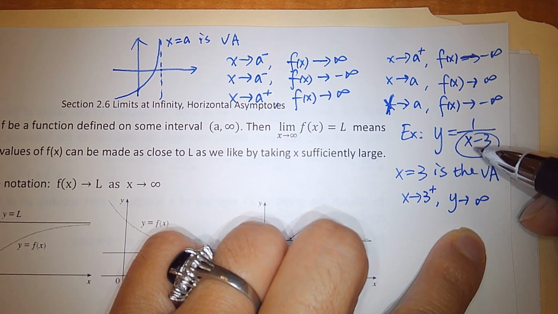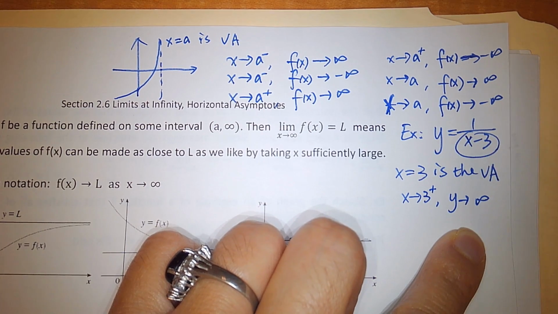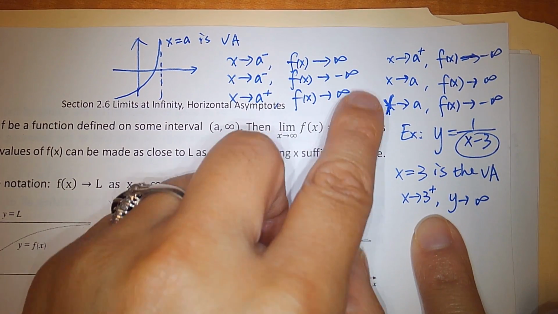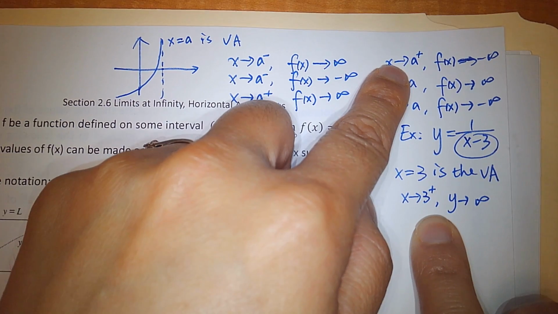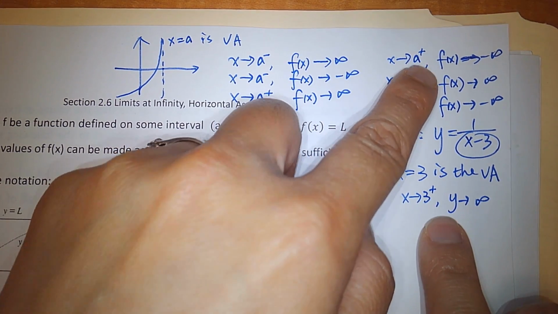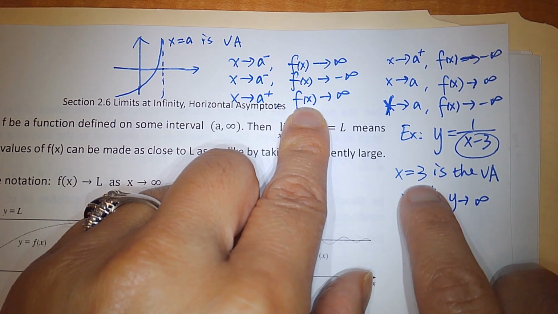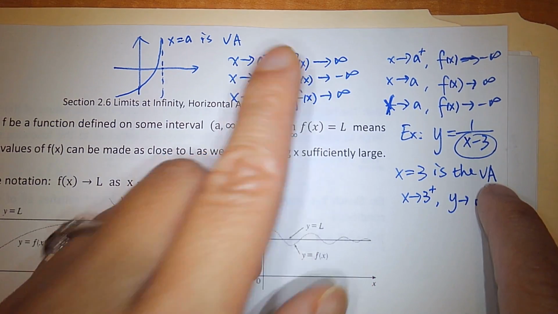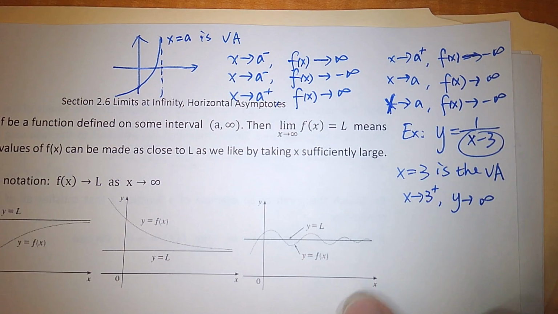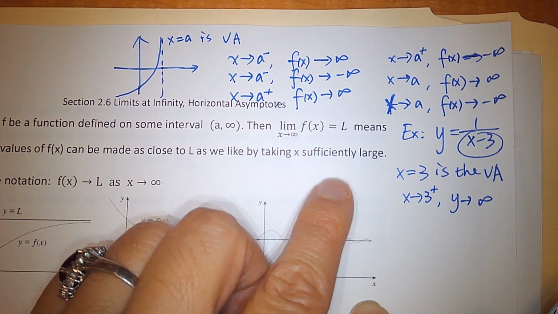So this satisfies when x goes to a from the right, y goes to positive infinity. So we say x equals 3 is the vertical asymptote. This is a quick review for vertical asymptotes.